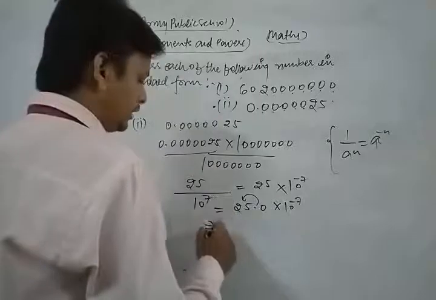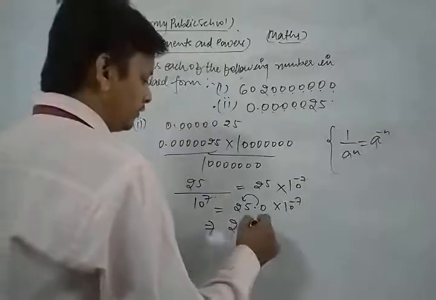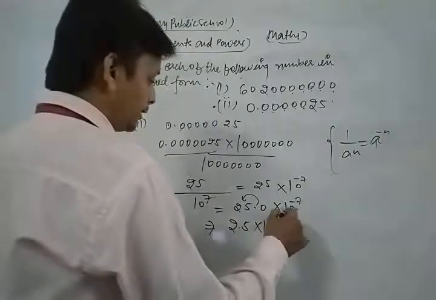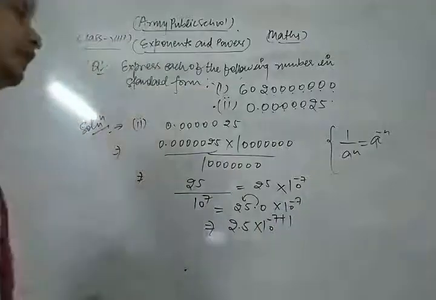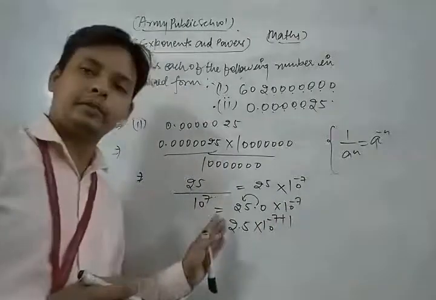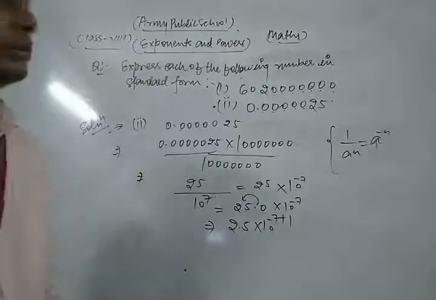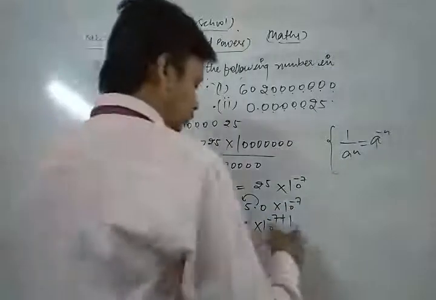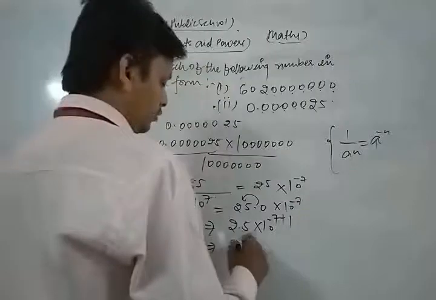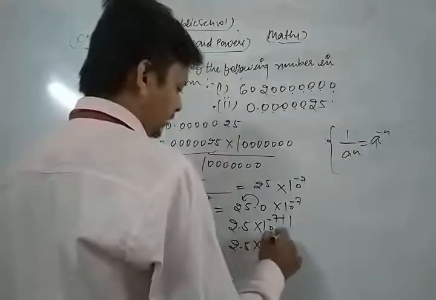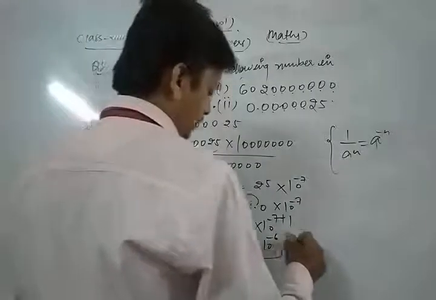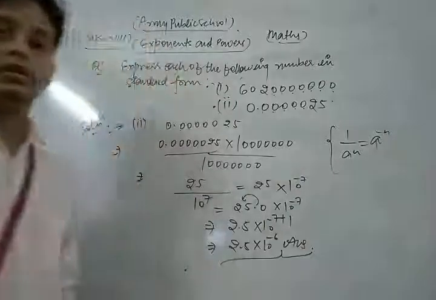So we write 2.5 into 10 to the power minus 7 plus 1. If the decimal moves left, that number is added to the power of 10. So now we get 2.5 into 10 to the power minus 6.